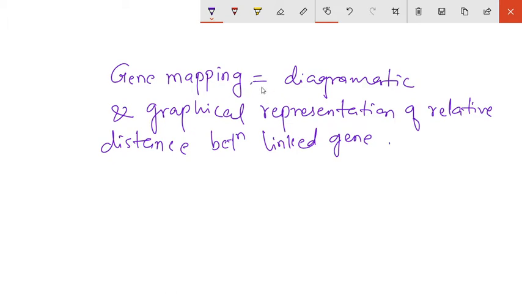Means the gene mapping means the diagrammatic and graphical representation of the relative distance between linked genes.